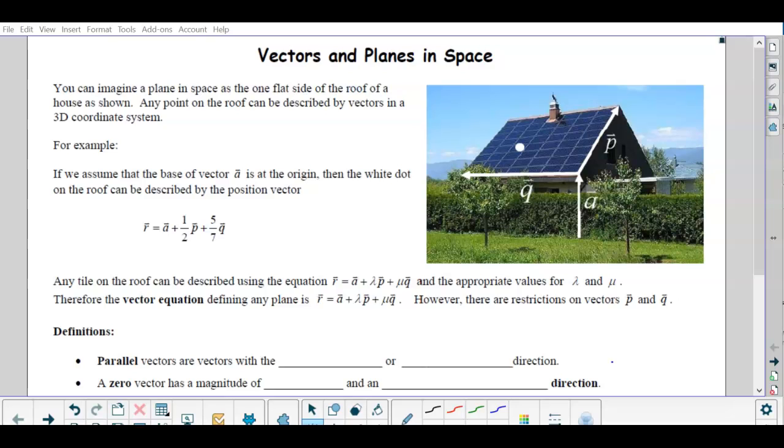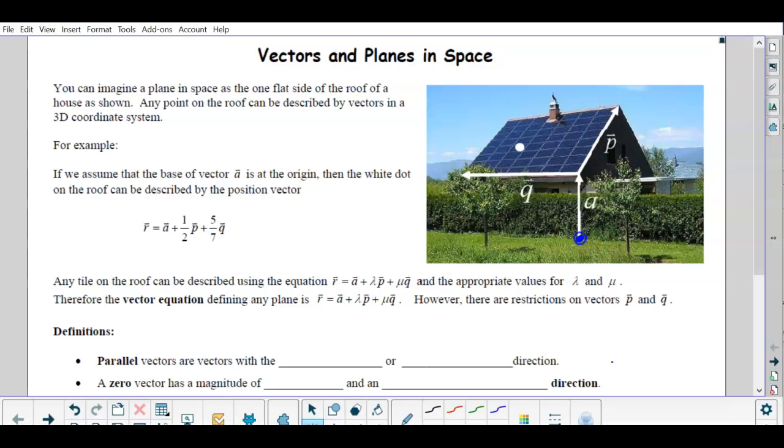So here's an example. If we assume that the base of vector A is at the origin, right, then the white dot on the roof can be explained. So you have to get up to a point on the plane, and then you travel along in 2 dimensions on that plane. Okay, so here the dot is a little bit off. Half of P, so this is 1, 2, 3, 4, 5, 6, 7, 8, is 1, 2, 3, 4.